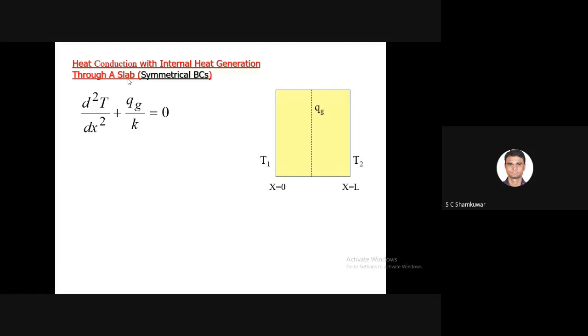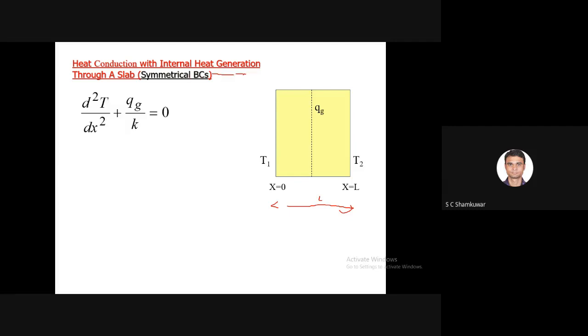Now we will see heat conduction with internal heat generation through a slab with symmetrical boundary conditions. Please see, the length of this slab is L. At x equal to 0, the temperature is T1, and at x equal to L, the temperature is T2.